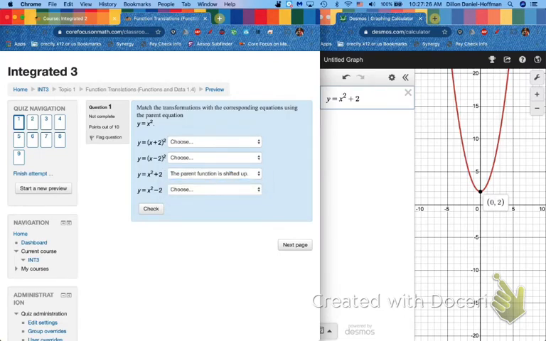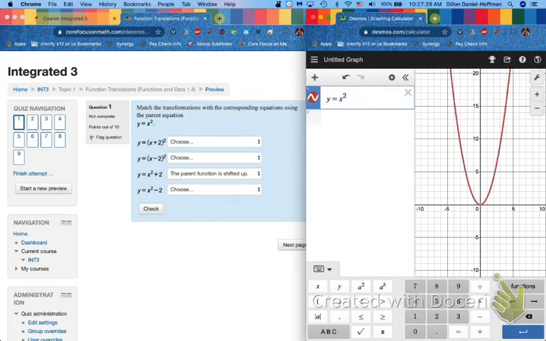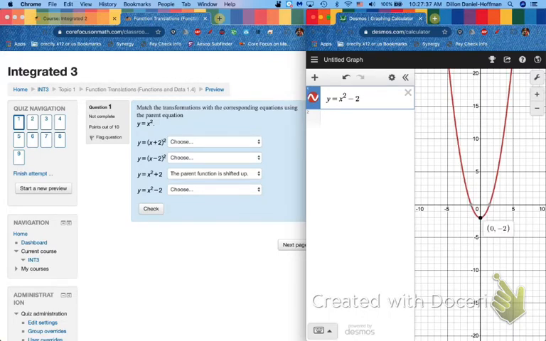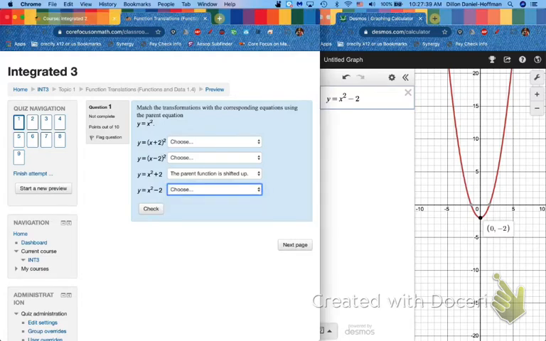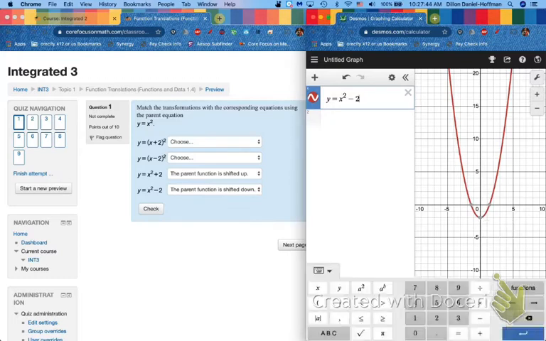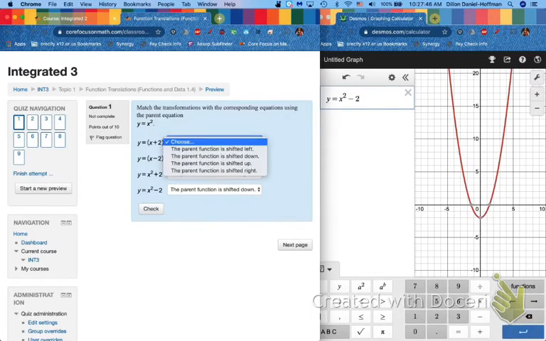Well, let's return that to (0, 0), and see what happens if we go minus 2. Well, plus 2 went up, so minus 2 should go down. Yep, now it's (0, negative 2). That minimum went down 2 spots, so this went down.